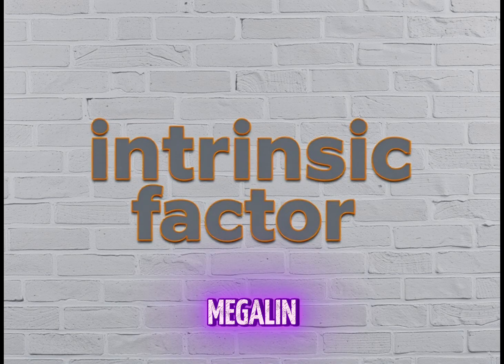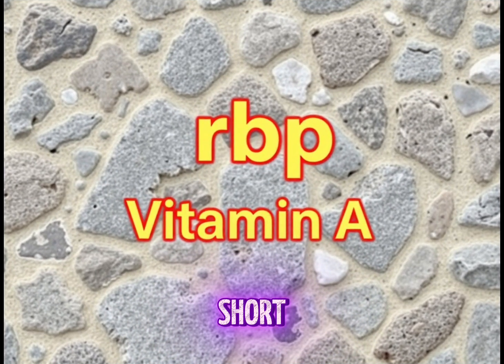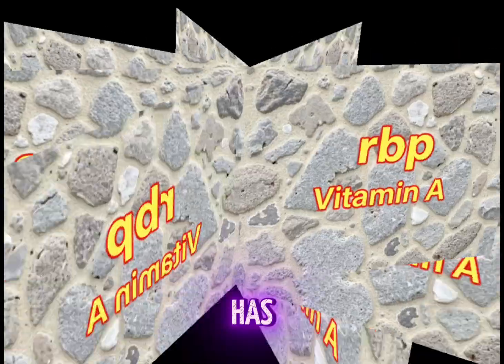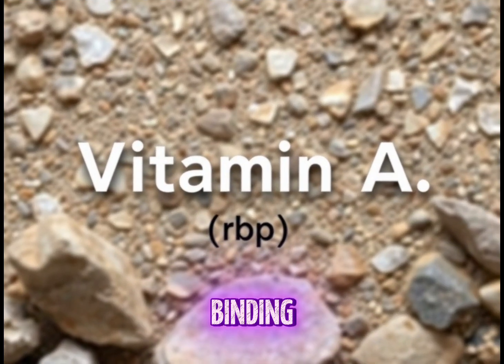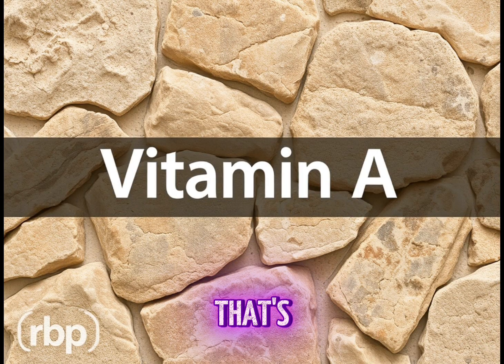Without megalin, retinol binding protein, or RBP in short, can be lost in the urine, therefore leading to vitamin A deficiency, because vitamin A has to bind to the retinol binding protein, and retinol is another name for vitamin A. As a result of the loss of vitamin A, that could have an effect on the immune system, but that's beyond the scope of this video.